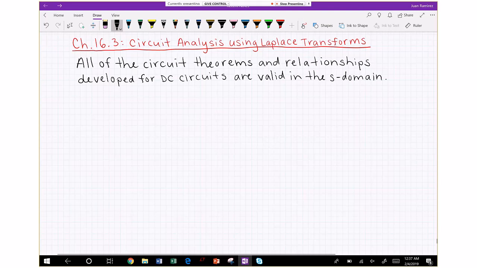Today we'll cover a couple of examples to illustrate this, but essentially Ohm's law, voltage division, current division. If we look at the way we combine impedances instead of resistances, a combination of parallel and series impedances, and then nodal and mesh analysis, and then source transformations. All that essentially gets applied the same way in the S domain as it does in the time domain. So let's do a couple of examples.